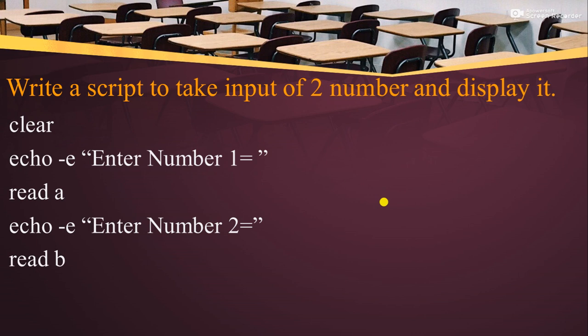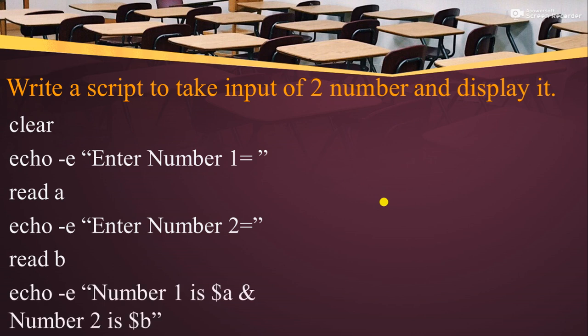Once we have taken the input for these two numbers, we will display the final message: echo minus e, number 1 is $a and number 2 is $b. Here $a and $b will represent their respective values at output time.